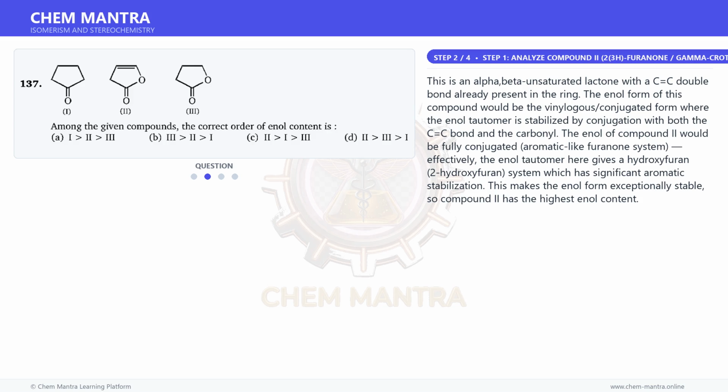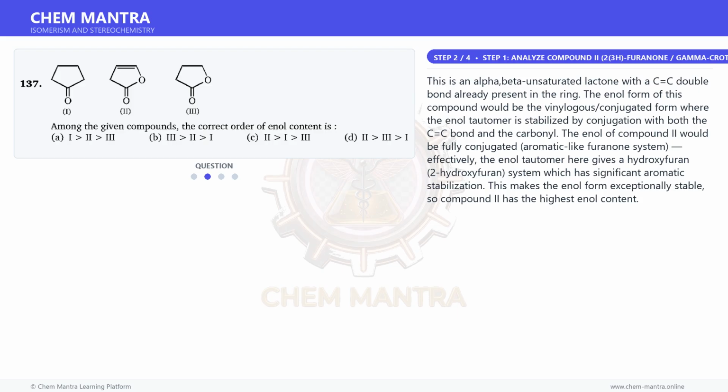Moving on to the next step. This is an alpha-beta unsaturated lactone with a C=C double bond already present in the ring. The enol form of this compound would be the vinylogous conjugated form, where the enol tautomer is stabilized by conjugation with both the C=C bond and the carbonyl.